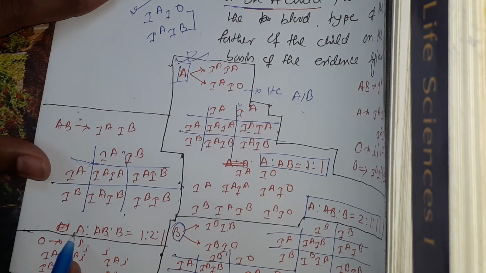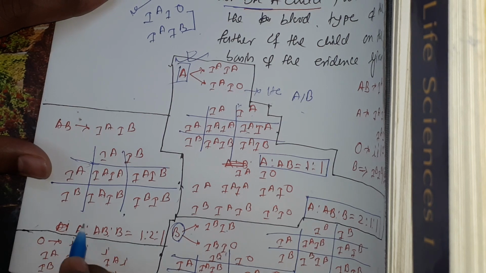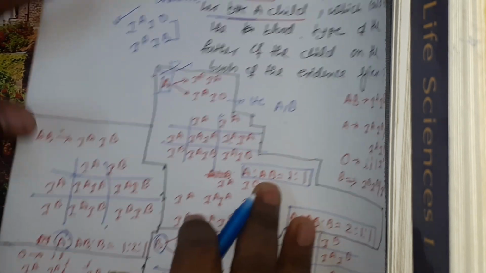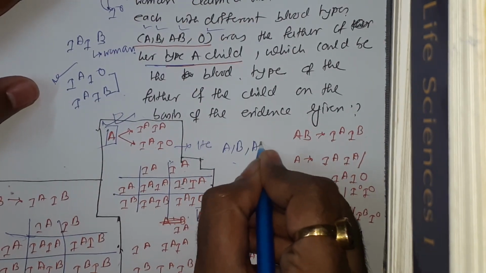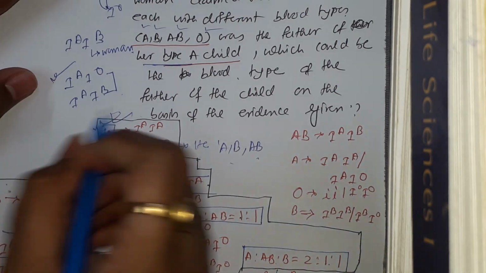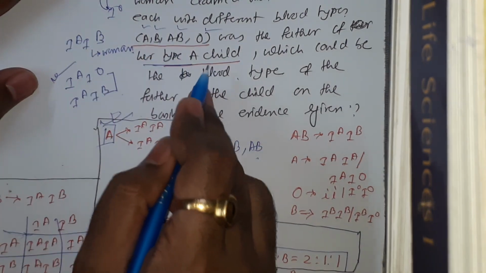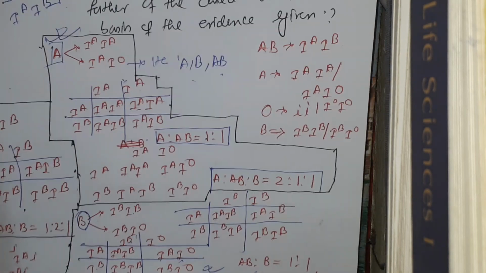The progenies will be A, AB, B in a 1:2:1 ratio. So A is again possible, so the AB blood type man can also be the father of that particular child.